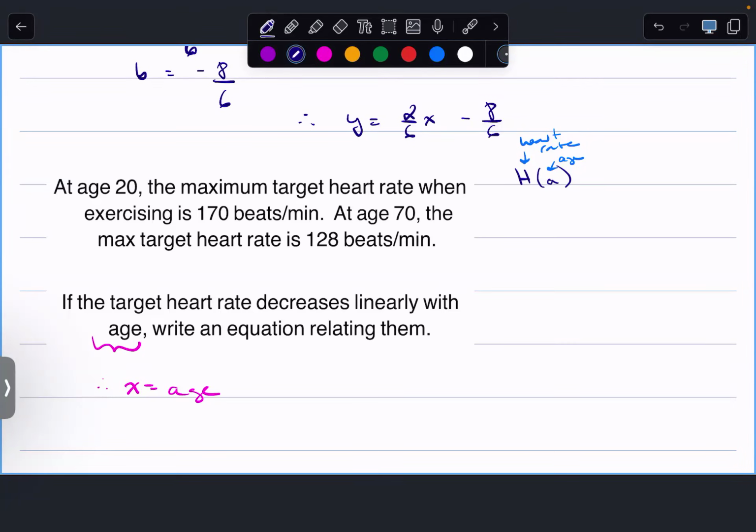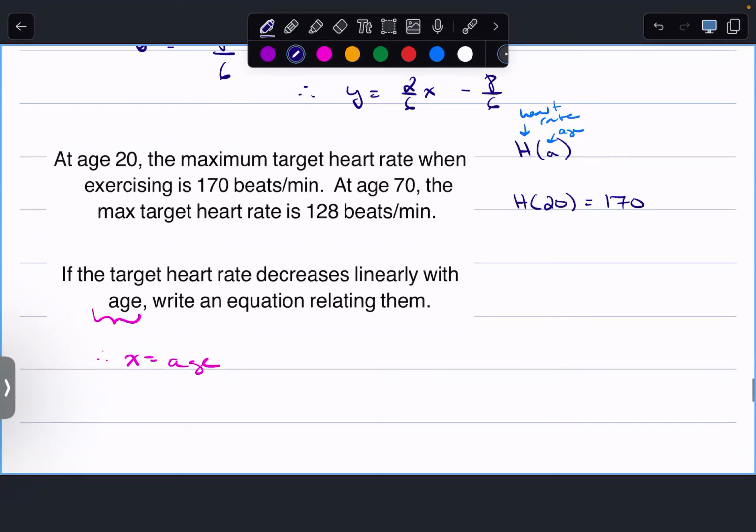Which means that we're given h of 20 is 170, and we're given h of 70 is 128. So we're given 2 points, which is all we need.